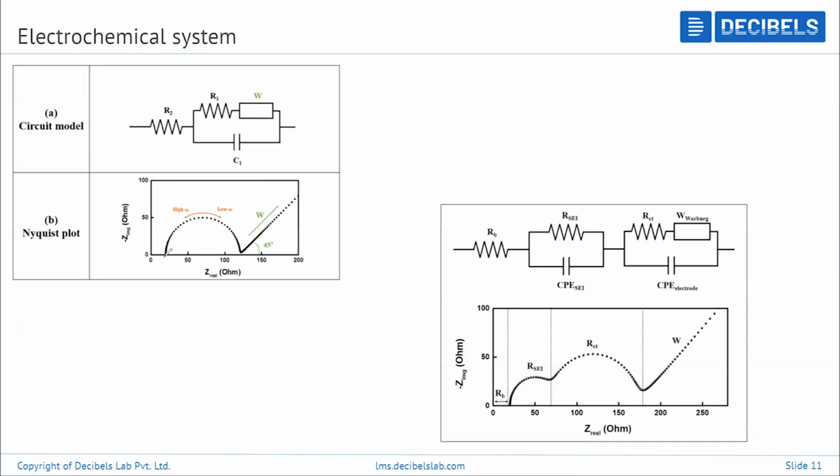You can see a semicircle, and then there is a 45-degree inclination on the graph. It is not always 45; it will take some angle, again due to some reactions. Those can be represented with different names of the Warburg, finite, infinite, or something like that.